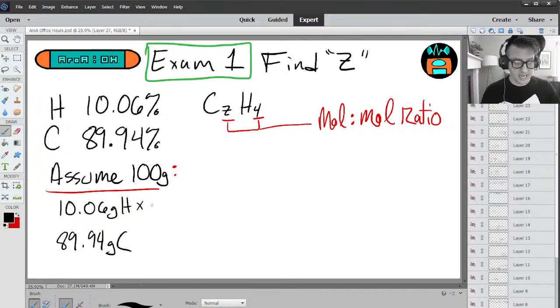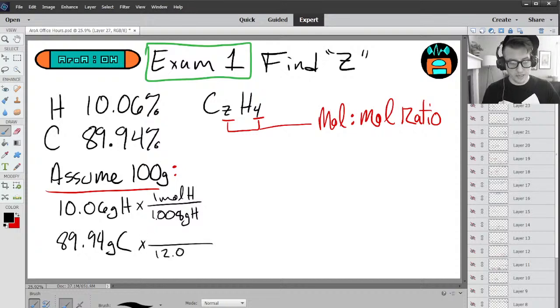So let's take hydrogen and convert this mass to moles, take our mass of carbon, convert it to moles, and crunch some numbers here.